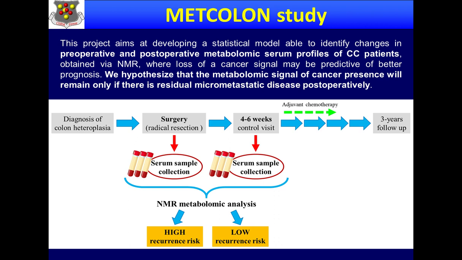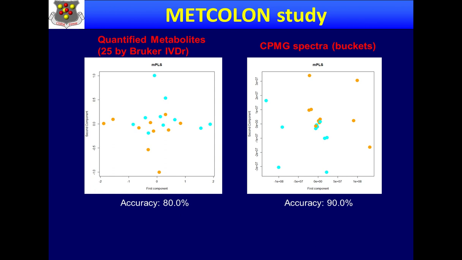Last project that I would like to present today is a study on colon cancer and high and low recurrence risk. And again, this is interesting just to compare the accuracy that we get from fingerprinting with the accuracy that we get from profiling.